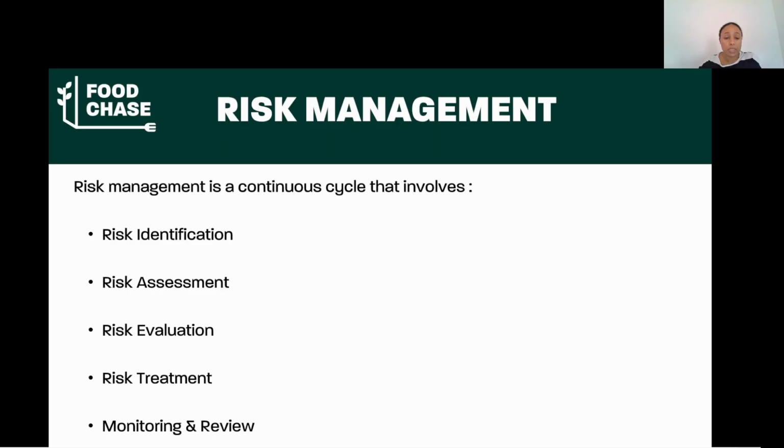The risk treatment, where we try to understand what we're going to do about it, and the monitoring and review is to see if our response is working or not. So this cycle needs to be adapted and embedded in operational culture. It needs to be revisited regularly and not just triggered by incidents.